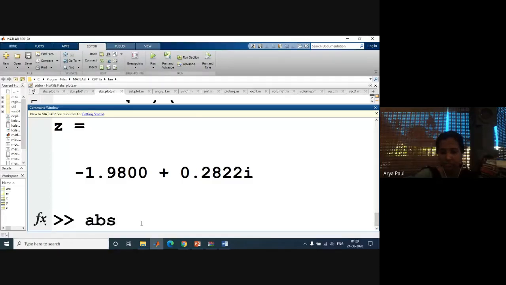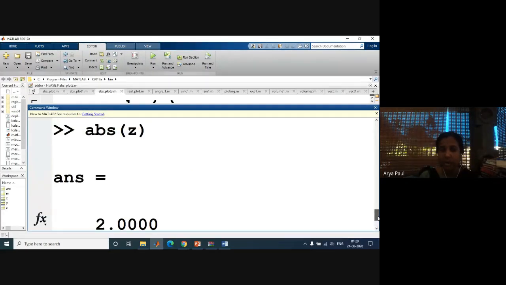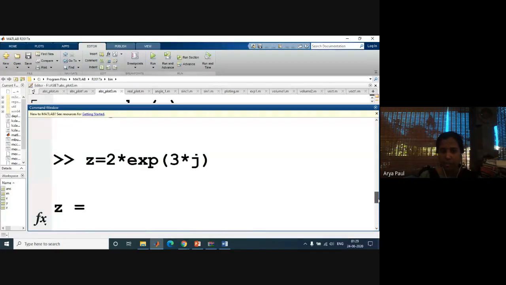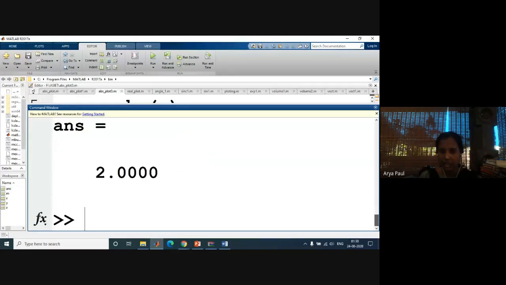ABS of z. 2 will be my magnitude, because it is 2 into exp of 3j. And what will be my angle? The angle will be 3. The angle of z will be 3.